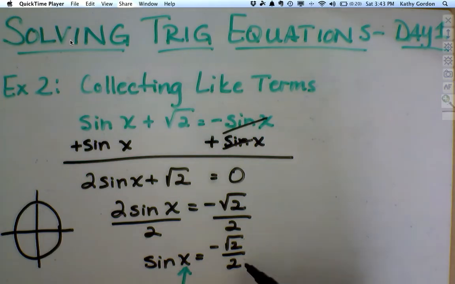Now keep in mind, if you were to put this into your calculator, which I don't recommend you do because you're not going to get exact answers, but if you did, you would be doing an inverse sine of both sides, and your calculator would only give you one value. That does not necessarily mean that there's only one value that works.